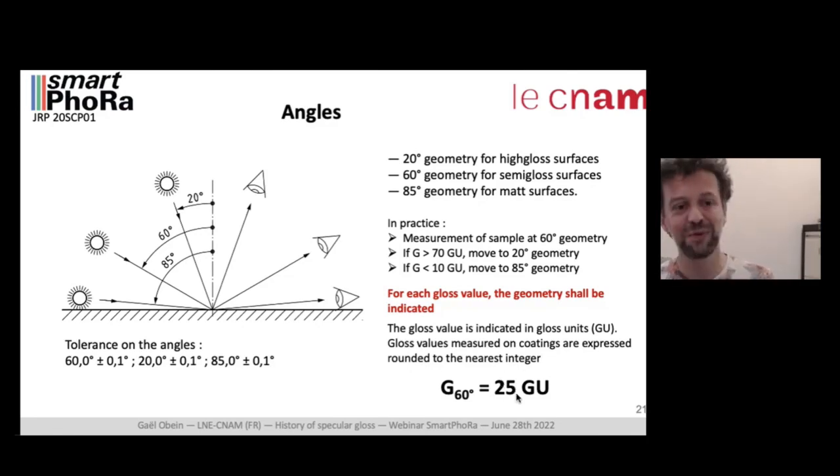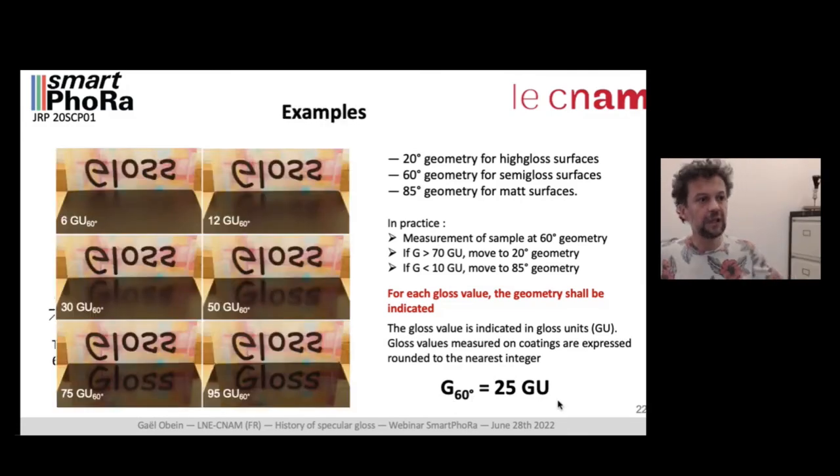So you're not supposed to put a decimal after your measurement, even if some gloss meters provide it. So a result could be something like this. For instance, you specify the geometry and the gloss unit in capitals. And this is an example on 6 different samples.